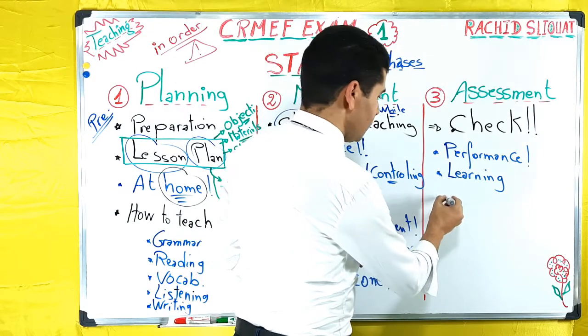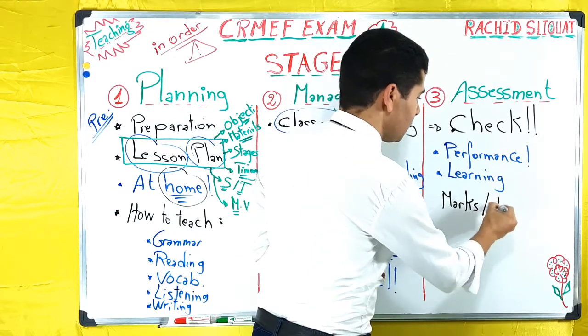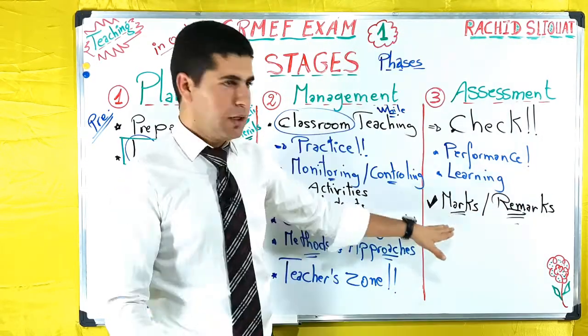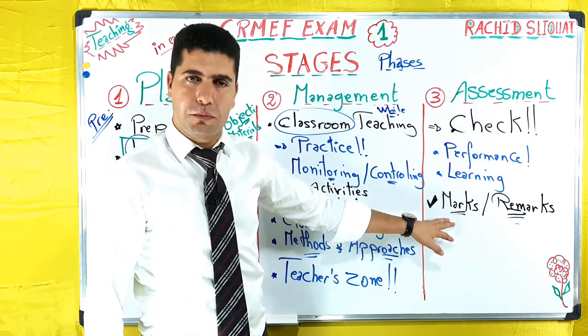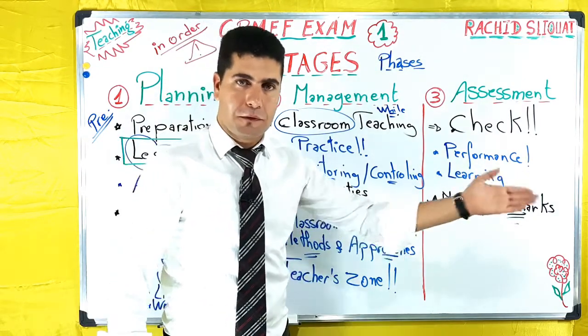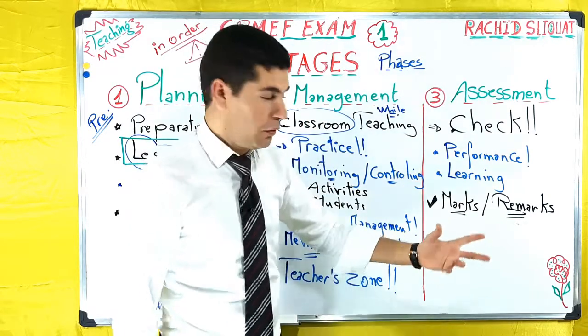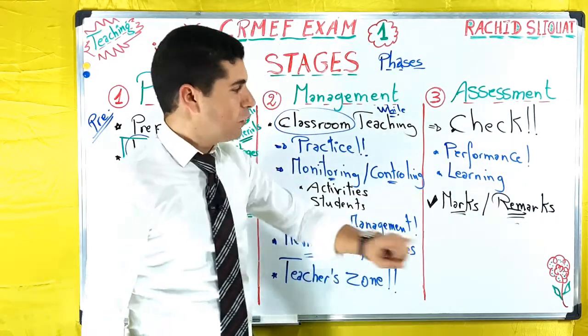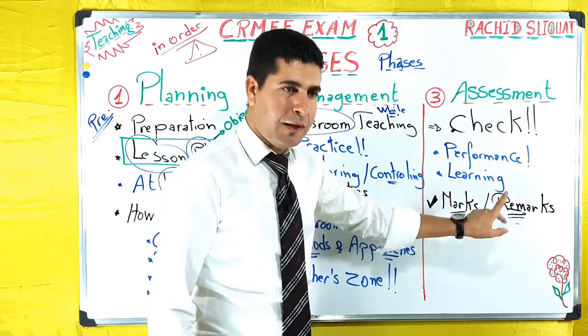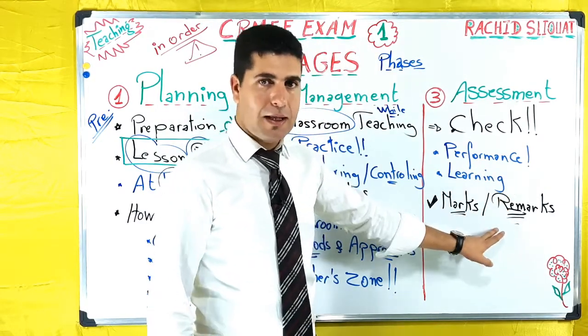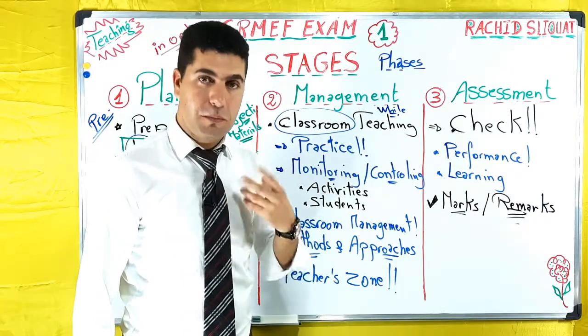Either we give what we call marks, or we can say remarks. So you give marks when it is necessary for a student to pass, okay? To pass from one level to another level. This has to do with marks. Also, you give remarks. And remarks or feedback is very important for improvement.